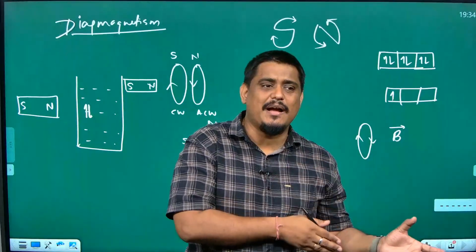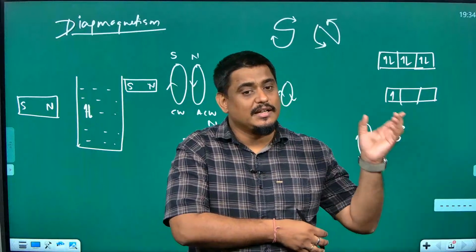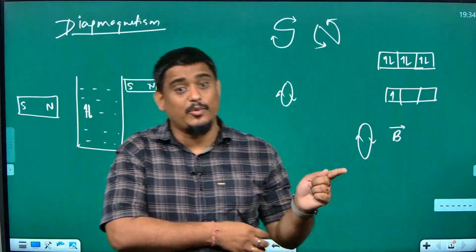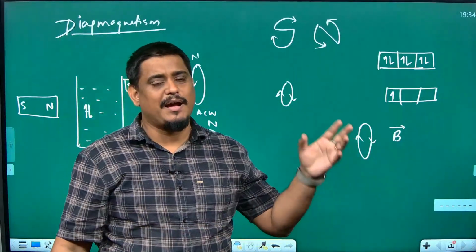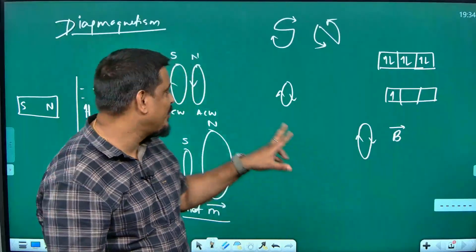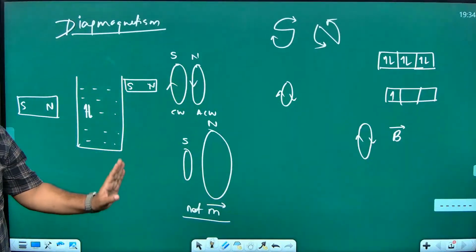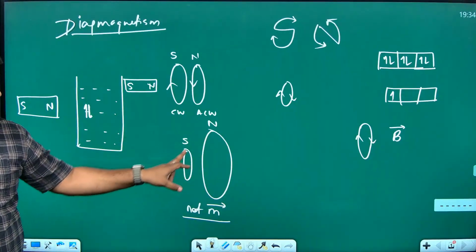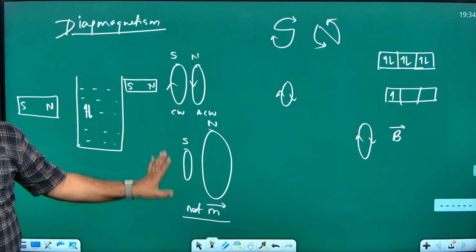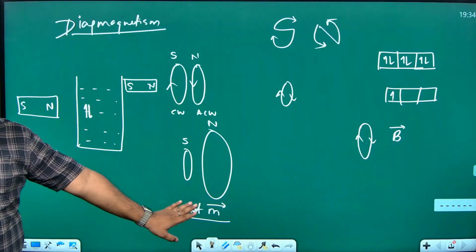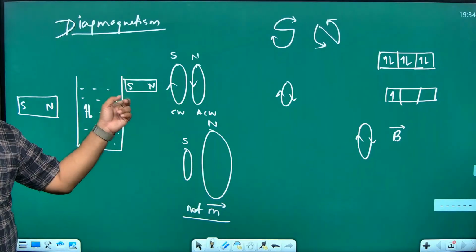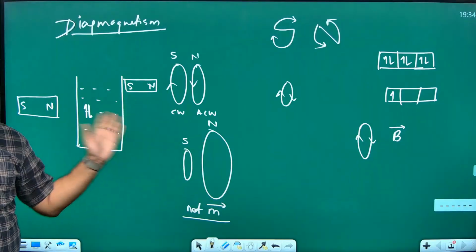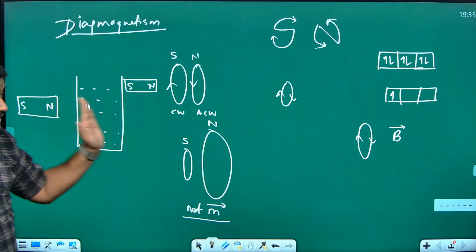The increase in magnetic field will lead to creation of current in such a way that it will try to reduce the magnetic field, and when the magnetic field wants to reduce, in this case it has to become net north. This north will become more of north, the south will become less of south. In simple words, a net magnetic moment is there, which is repelling this existing magnetic field, because north will repel north, and that is why the water gets repelled.